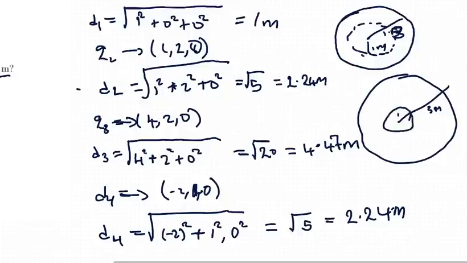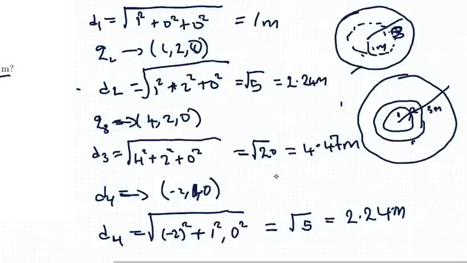Let's say this is 1 meter, and d2 as well will be enclosed. The radius is 2.24 meters. Then for Q3, it will be outside. And Q4 as well will be enclosed, which has the same radius.